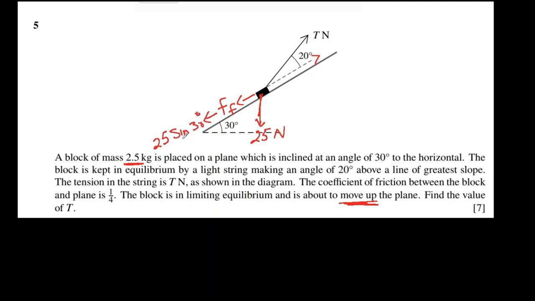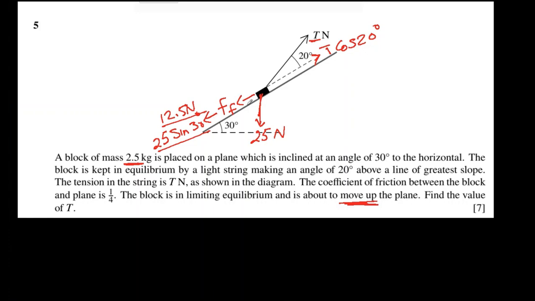And sine 30 is actually half, so we can write 12.5 newtons straight away. Don't write this, write its value, 12.5 newtons. What is the force in this direction? This force will be T cos 20 degrees. The x component of tension will be T cos 20 in this direction, which will be responsible for this block to move up.